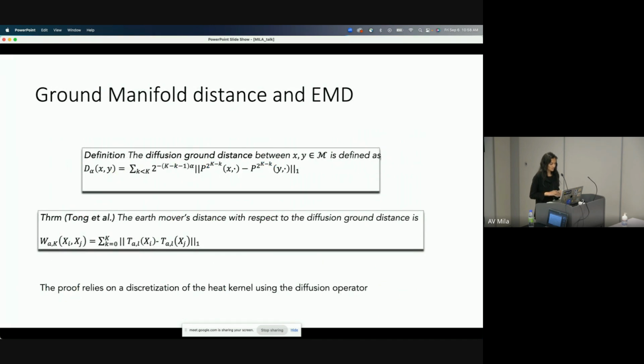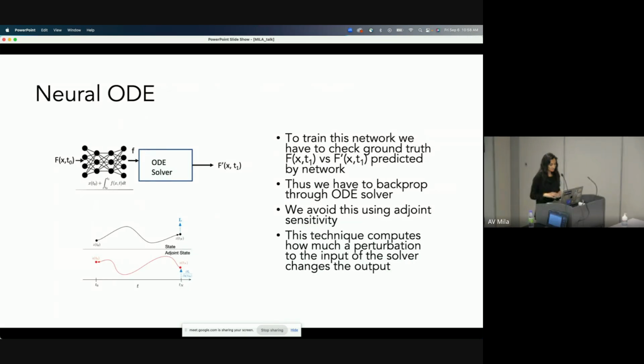That's some of the reasons why we use this space. We can also show that in this optimal transport distance, the ground distance is a manifold distance. So this space has interesting properties: it preserves diffusion geometry, and optimal transport is easy to compute. We solve a neural ODE.